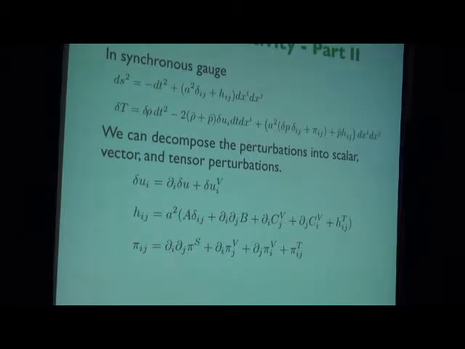And for the perturbation of the stress tensor, the perturbation to the 0,0 component we'll just call delta rho, so just the perturbation to the energy density. And then here we have a perturbation to the velocity of the fluid times the sum of rho and p.